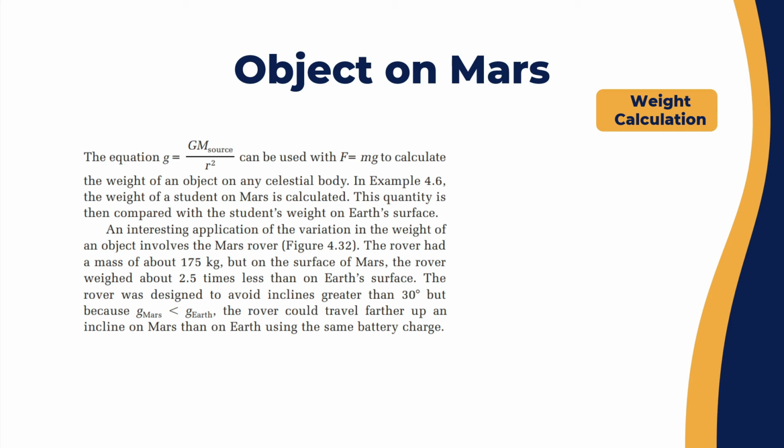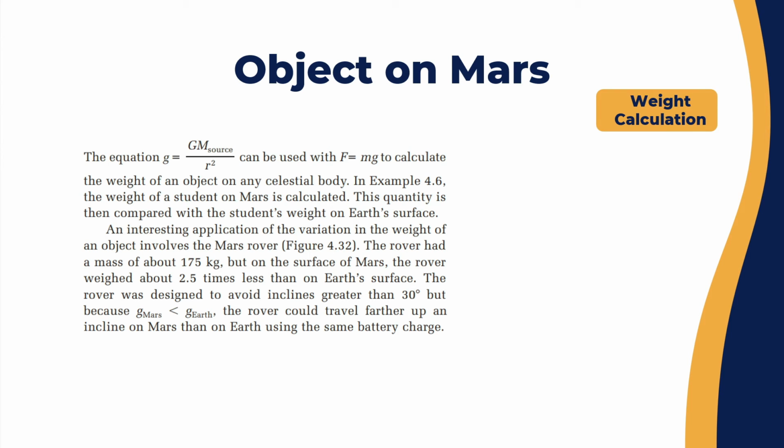The weight of a student on Mars is calculated. The quantity is compared with the student's weight on Earth. And many applications come to mind for the variations in weight of the objects involved in the Mars rover, that we're not going to talk about here.